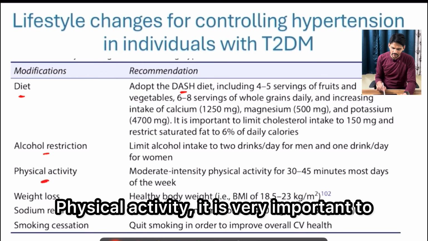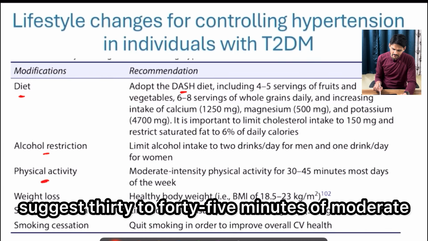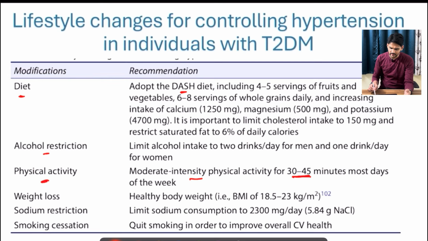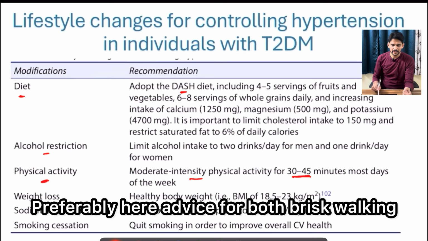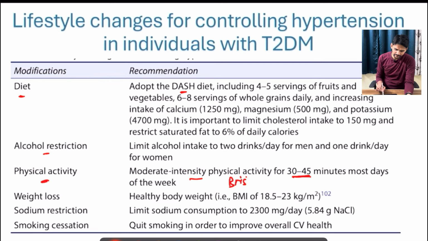Physical activity, it is very important to suggest 30 to 45 minutes of moderate intensity physical activity at least 5 days a week. Preferably here advise both brisk walking as well as resistance training.